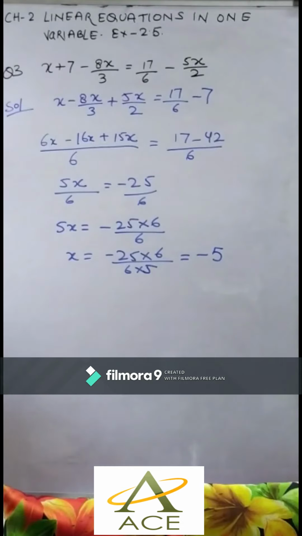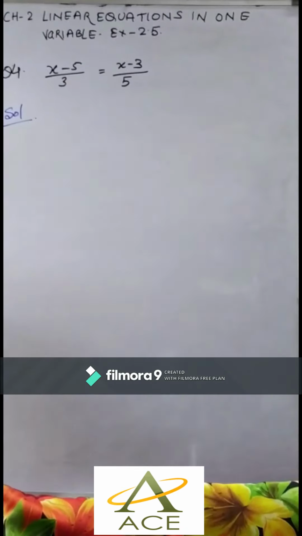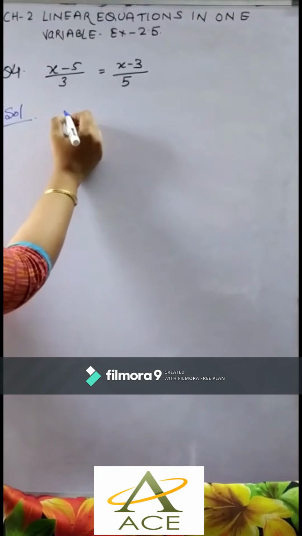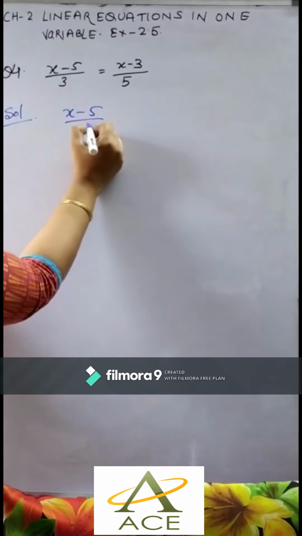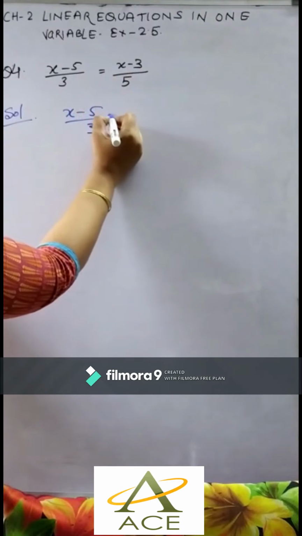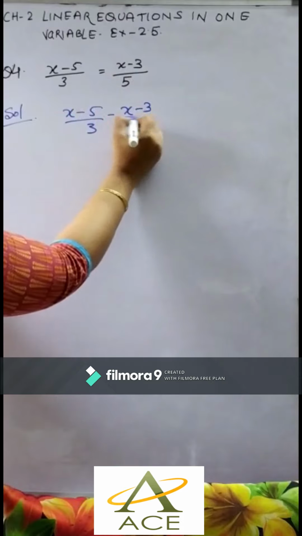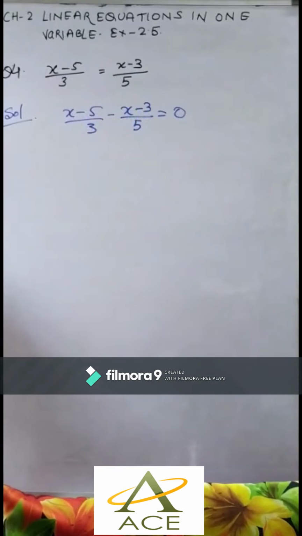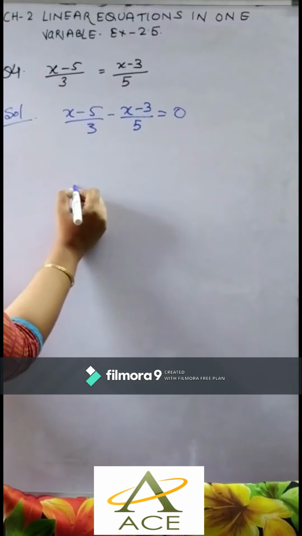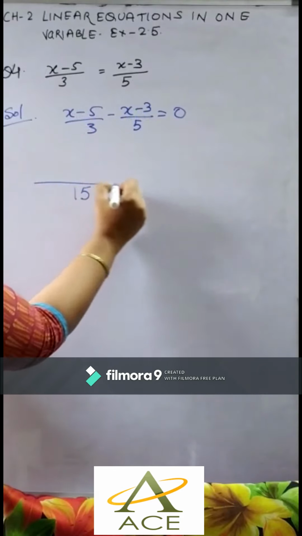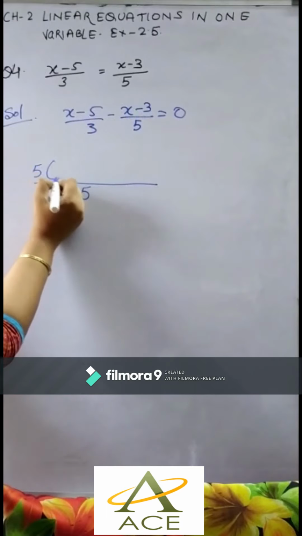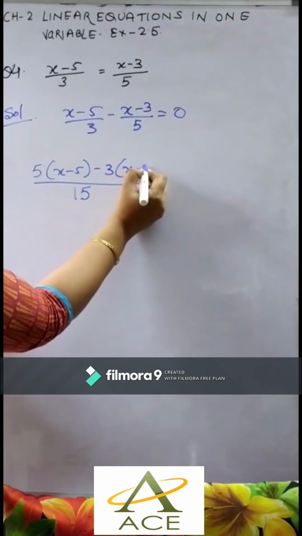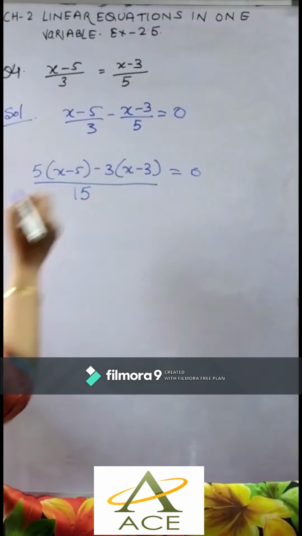Now we will take question number 4. In this question, we don't have variables and constants separate. So what we will do? x minus 5 upon 3, we will take this to the left hand side. x minus 3 upon 5 is equal to 0. Now we will take the LCM. It will come out as 15. 5 times x minus 5 minus 3 times x minus 3 is equal to 0.